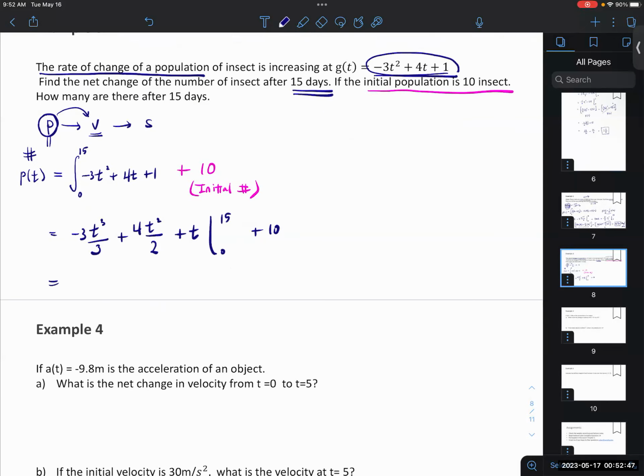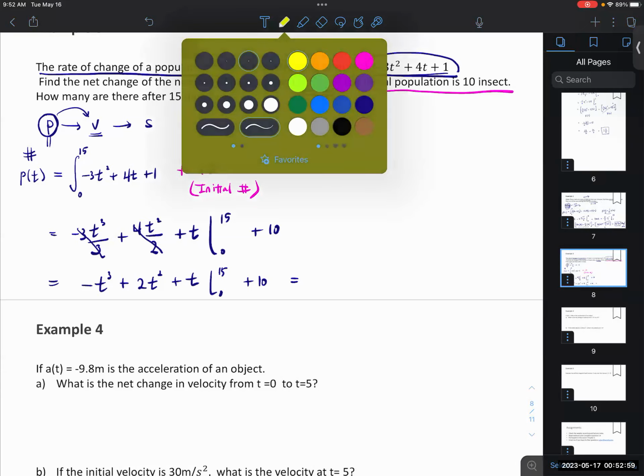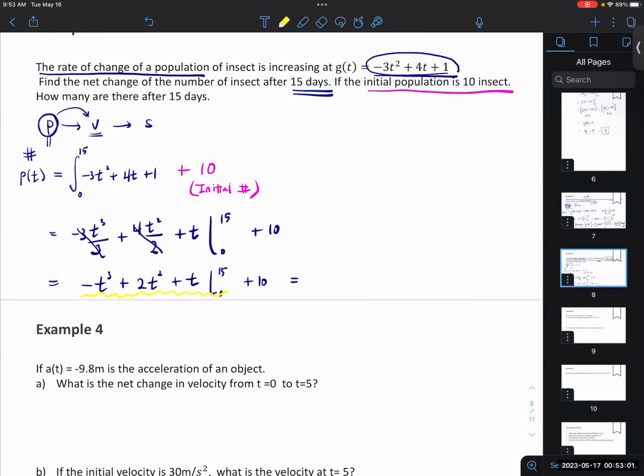Oh, everything will be simplified. Negative t to the third, plus 2t to the second plus t from 0 to 15, and plus 10. So this part, we know this is going to be f of 15 minus f of 0. Then you're going to add 10, correct?